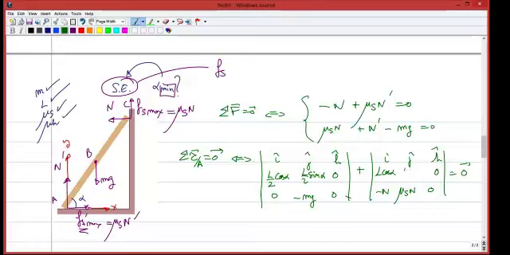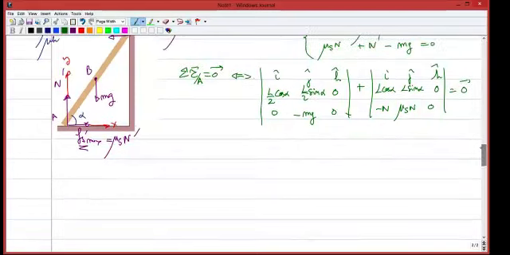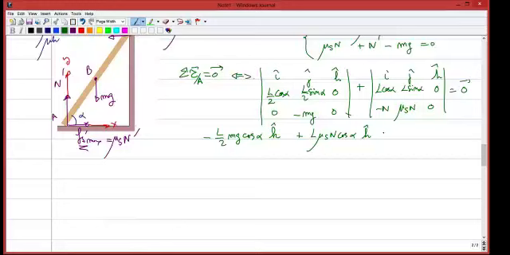L cosine alpha, L sin alpha. That's it. So from this, we can extract the third equation, which is negative L over 2 mg cosine alpha. Okay. The next term is positive, L μs N cosine alpha. Okay. And then positive again, L and sin alpha.